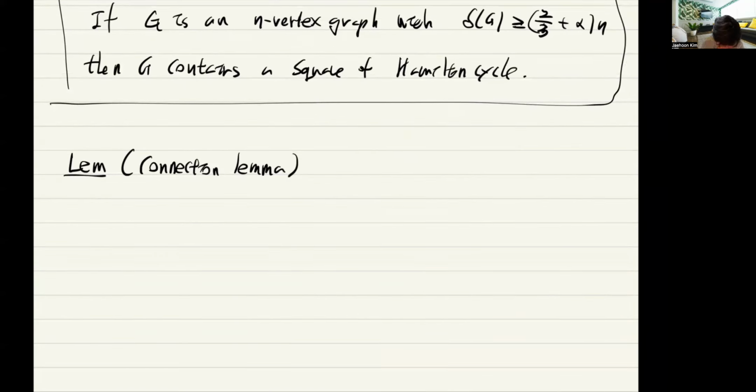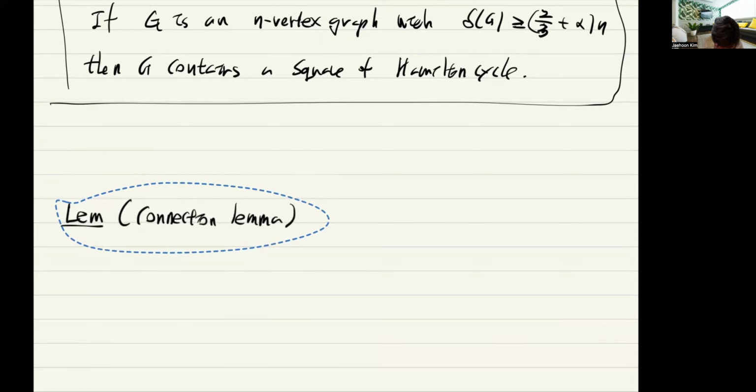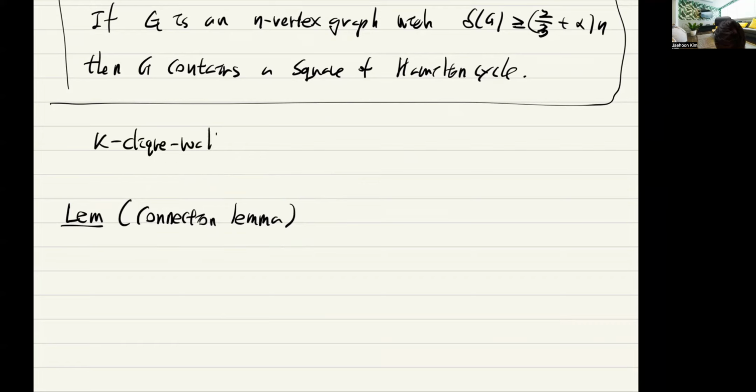And how do we connect? So let's say a k-clique walk is the (k minus 1)th power of a path.